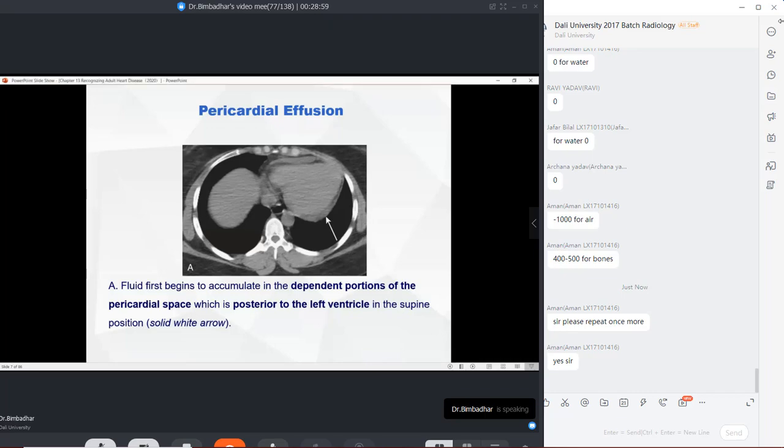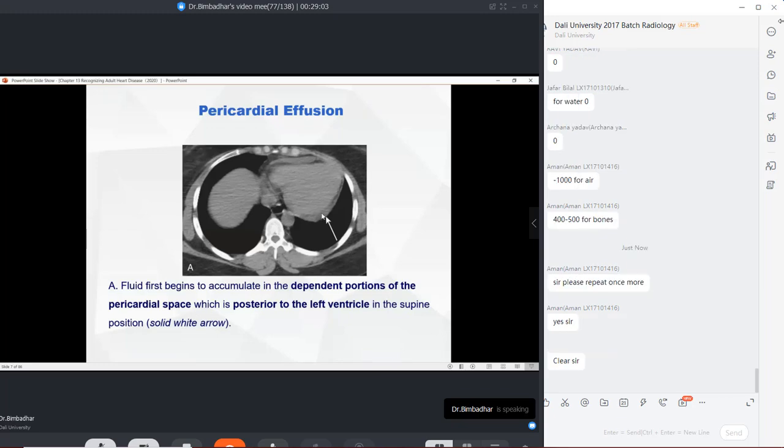First, I measure the densities. First I confirm that I'm looking at a fluid density. Once I'm confirmed that I'm looking at a fluid density, I'm going to measure the diameter from this density-changing area. If it is greater than 1.5 centimeters, I will understand that yes, it is indeed a pericardial effusion because I'm looking at a fluid density.